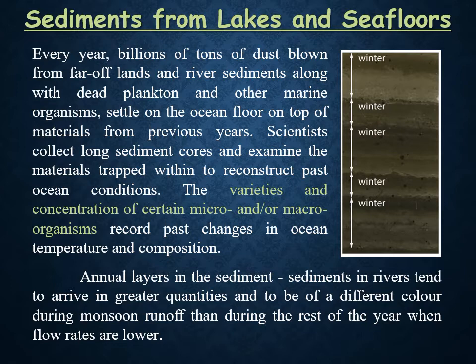Now, for knowing these kinds of climatic conditions of ancient times from the sediments, which are particularly preserved in lakes and sea floors, scientists go for sediment core. That is, they put some instruments on the surface and drill into the surface and take a core of sediments.